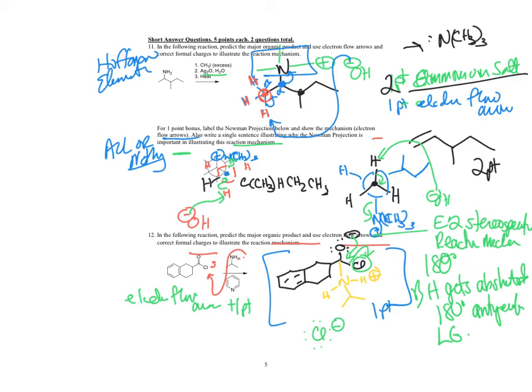So 1 point is for the tetrahedral intermediate. The other point is these electron flow arrows showing the chlorine leaving. And then when that happens, you will get this compound here.